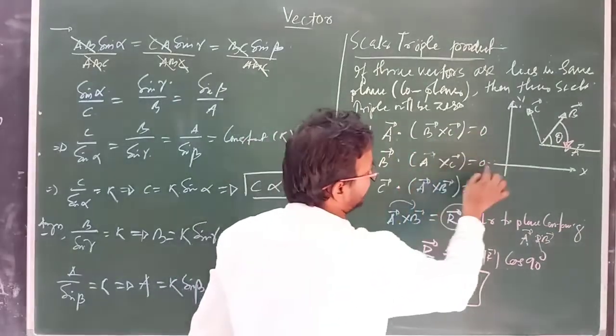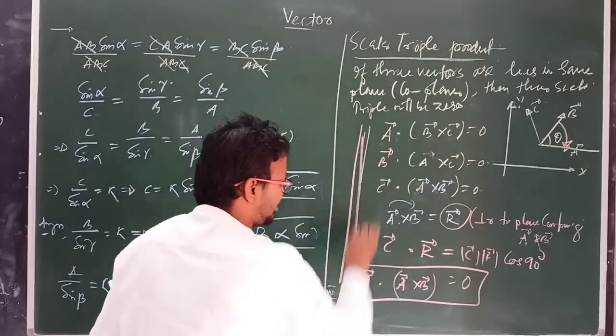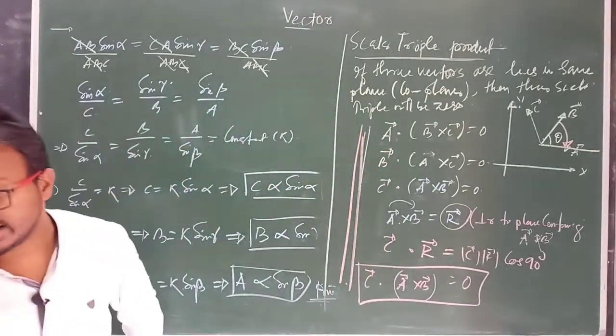Similarly, B dot A cross C will be 0. You have to remember this concept. This concept is known as scalar triple product.